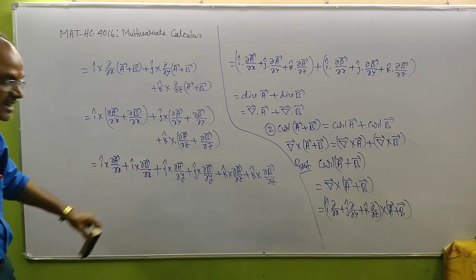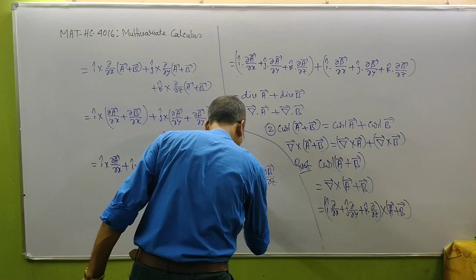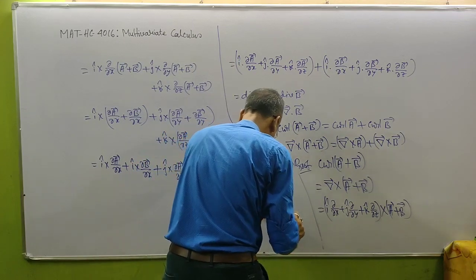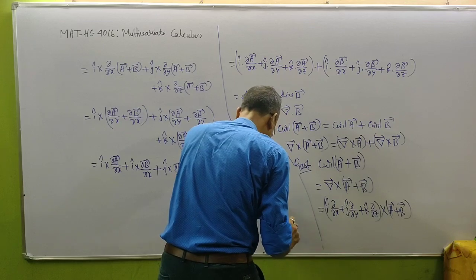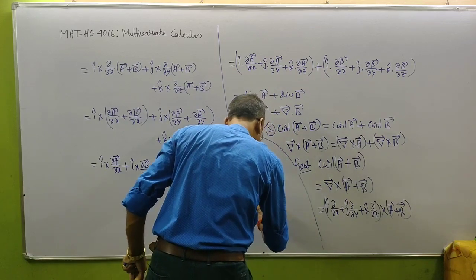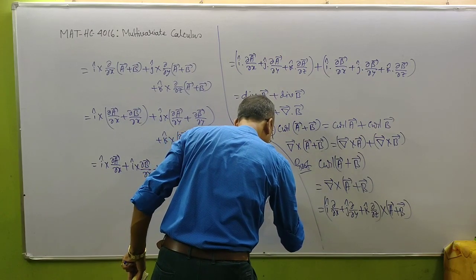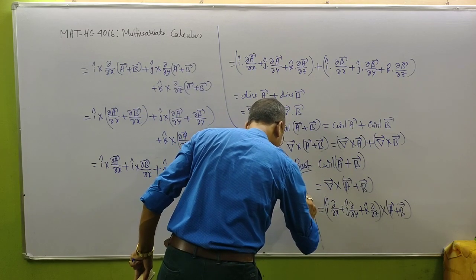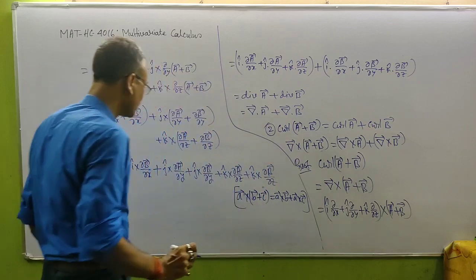Because the vector product is distributive, A cross B plus C is equal to A cross B plus A cross C.